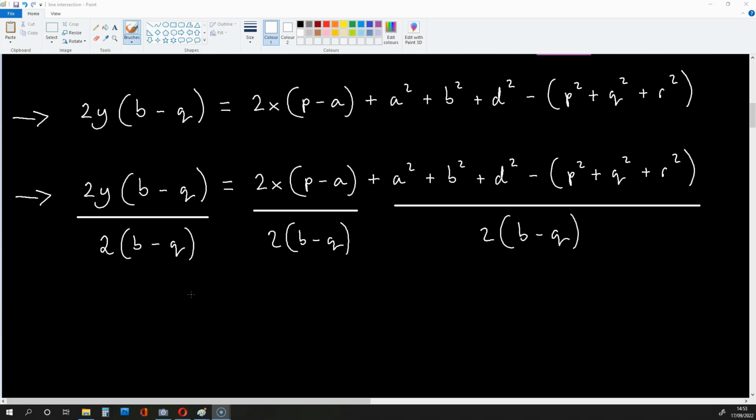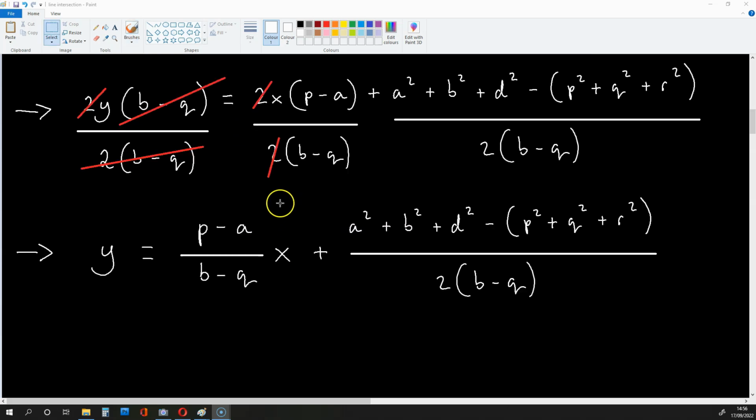Now to get the line, our goal originally was to isolate y. We isolate y in this equation by dividing both sides by 2 times b minus q. So from here, we should get this equation over here.